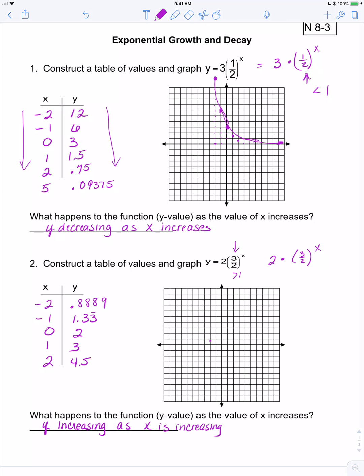-2, we're at 0.8. -1, we're at 1.3. 0, we're at 2. 1, we're at 3. 2, we're at 4.5. So you see how this one, and if we wanted to just see what's happening at like 5, where are we at? We are probably off the chart somewhere. We're already at like 15 point something. So by 5, we need to be way up here.